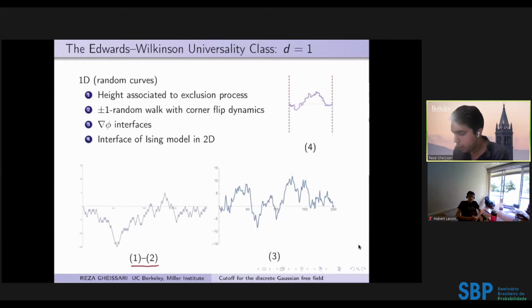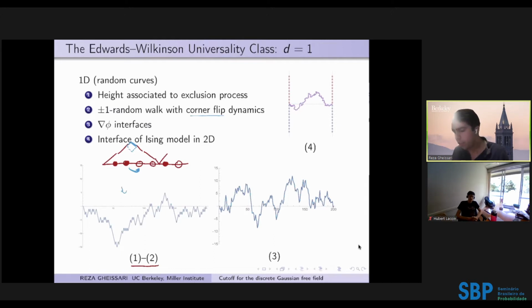And the correspondence between the exclusion process and the random walk bridge is if you have occupied particles and empty particles, then you can just say you go up whenever you have an occupied particle and down whenever you have an unoccupied particle, for instance. And then transitions of the Markov process associated to the exclusion process correspond to what I'm calling a corner flip dynamic. So when you have a corner here, it can flip to this if this particle moves there. Okay. So this gives you kind of a Bernoulli random walk and a natural Markov process over those, and that's depicted here.